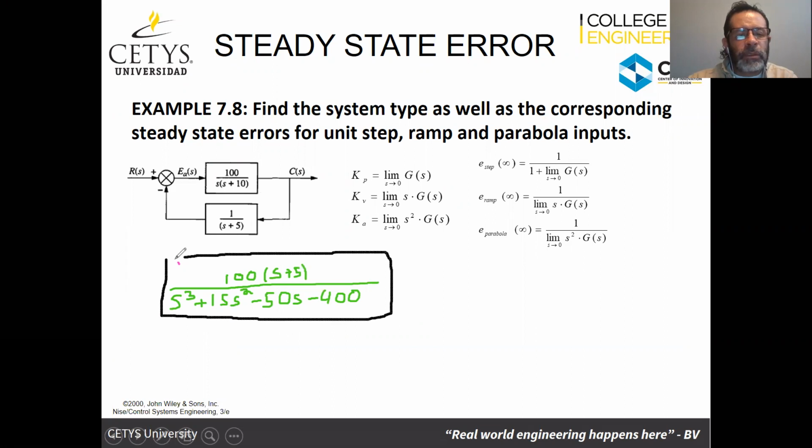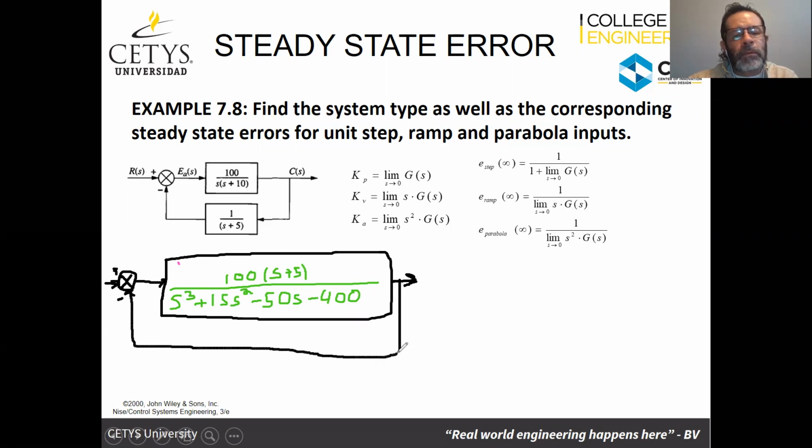This is the new system, a unity feedback system, which is equivalent to the original one. This is the output C(s) and the input R(s).